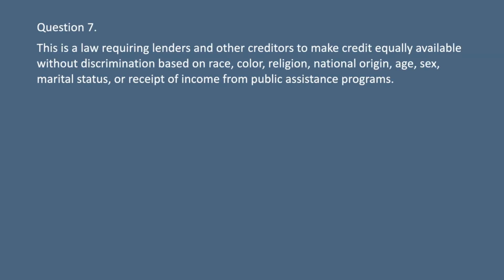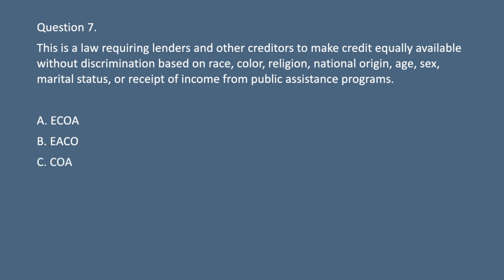Question 7. This is a law requiring lenders and other creditors to make credit equally available without discrimination based on race, color, religion, national origin, age, sex, marital status, or receipt of income from public assistance programs. A. ECO. B. IACO.